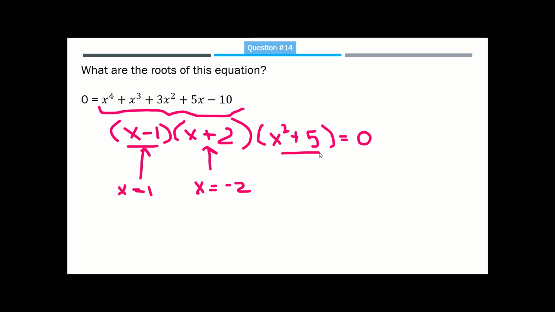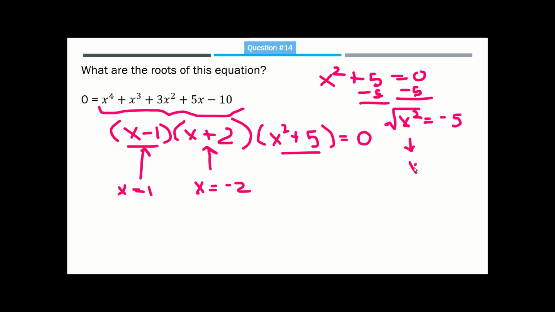Okay, but if I evaluate this and set it equal to 0, then we have to really look carefully at what happens. So x squared plus 5 equals 0. When you subtract 5 from both sides, you get x squared equals -5. Now when you take the square root of x squared, you just get x, which is good. We want to get x. But if you take the square root of the right side, you're taking the square root of a negative number, -1 times 5.